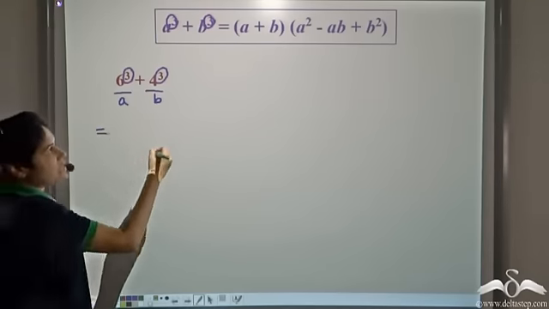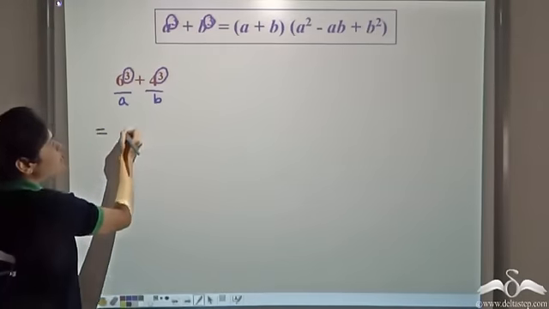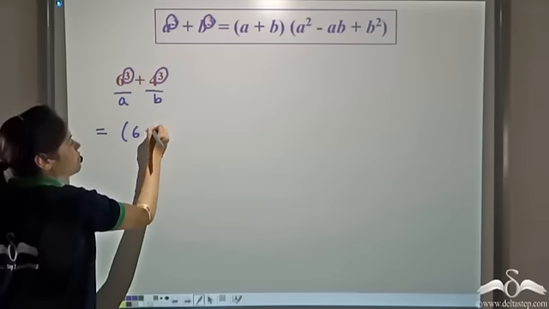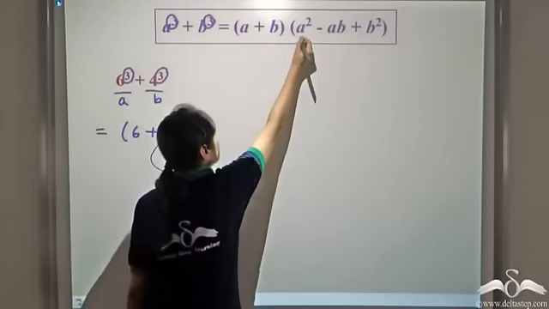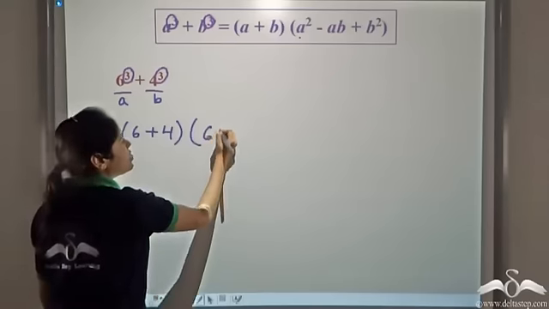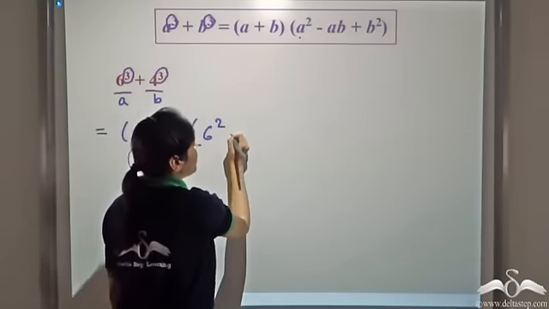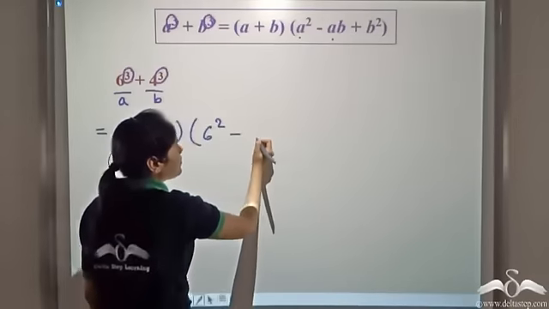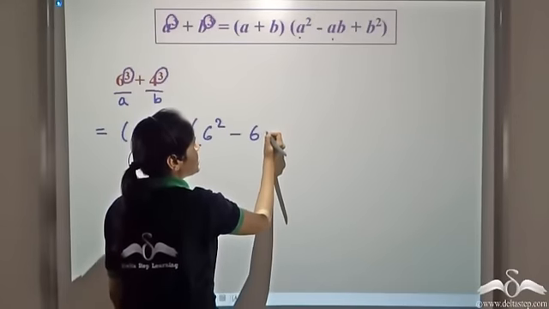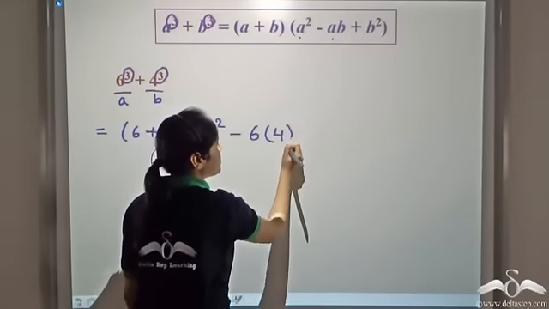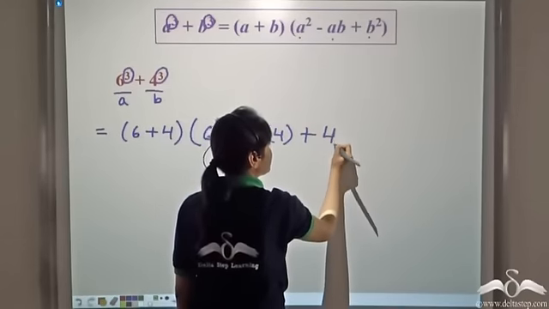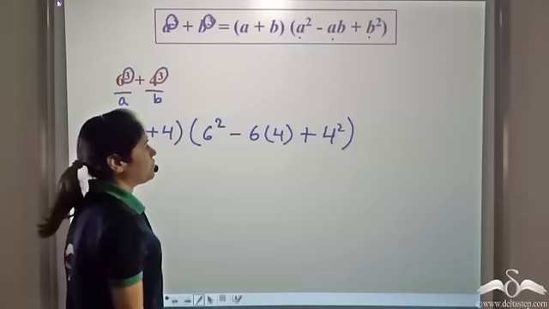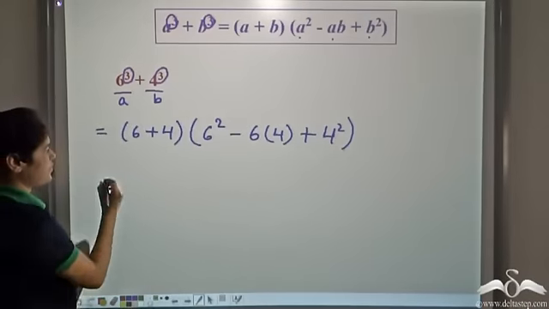So we can write it as a plus b, which is 6 plus 4 into a square. A square is 6 square minus ab, which is 6 into 4 plus b square, which is 4 square. So this is what we have.